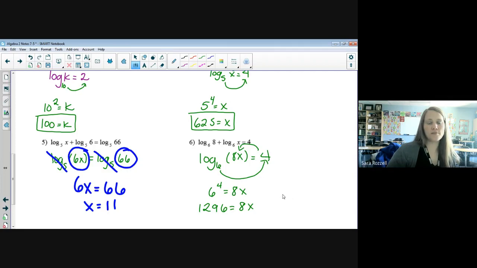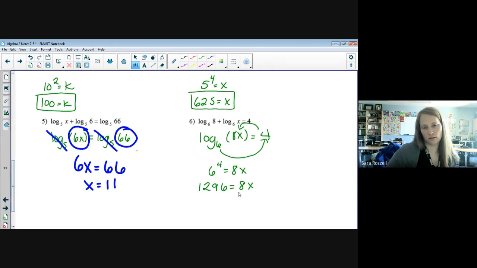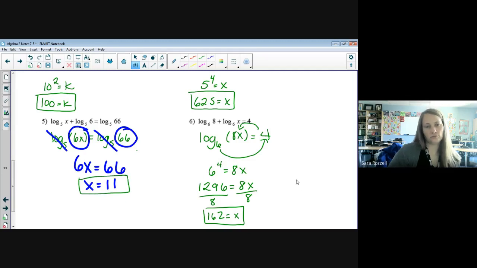And if we want to get x by itself, what are we going to do to both sides? Divide by 8. And that's 162. Okay. So if you have two logs that need to be combined together, do that first before you either drop your logs if you've got them on both sides, or before you write it as a power if you have a number over there like we did on all the rest.